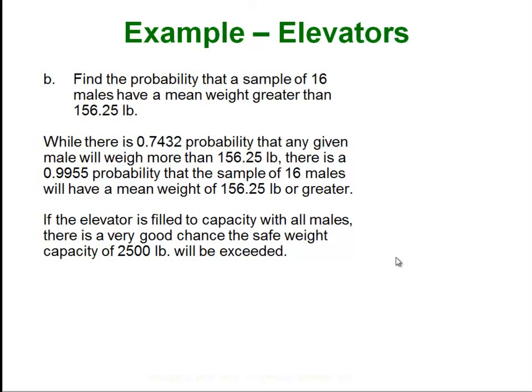Some of them might weigh more, some of them might weigh less, but you're almost guaranteed that the average weight of each of them is above 156.25, so their cumulative weight is almost guaranteed to be above 2,500 pounds, and your elevator goes crashing to the floor and everybody dies. Yay, statistics, right? They always love to have these wonderfully morbid examples, but you get the idea.